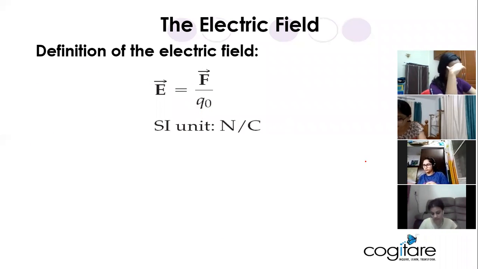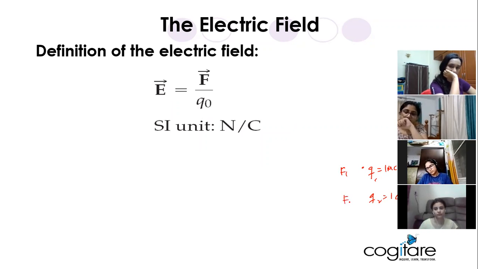Whether it is Q is equal to 1 microcoulomb, Q1, Q2 is equal to 1 coulomb, doesn't matter. This is going to experience a less force. This is going to experience a greater force. So if that happens to be Q is equal to 1, some unit force or a test charge, what is the force it is going to experience?